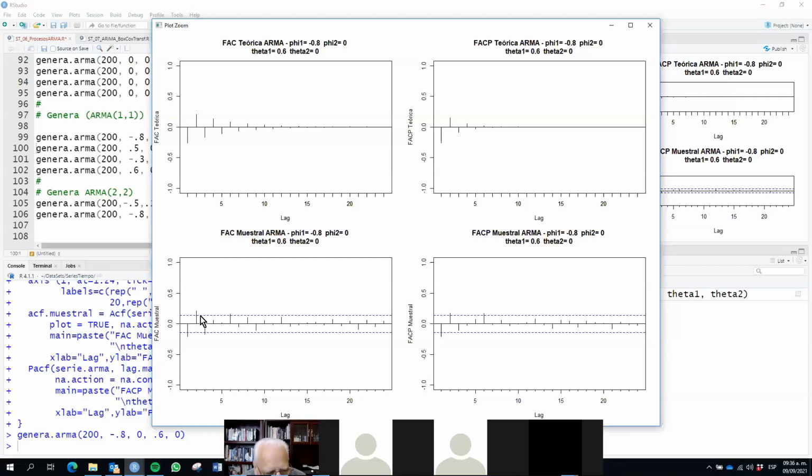As you can see, the behavior here is very clear: alternating sign, decaying exponentially. It's not that clear here. But when you see something like this in your sample data, where probably two lags look significant, here the second lag is also significant, and also here in the ACF the second lag is significant.